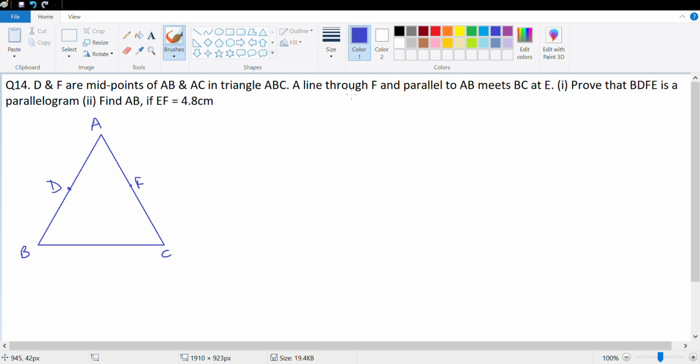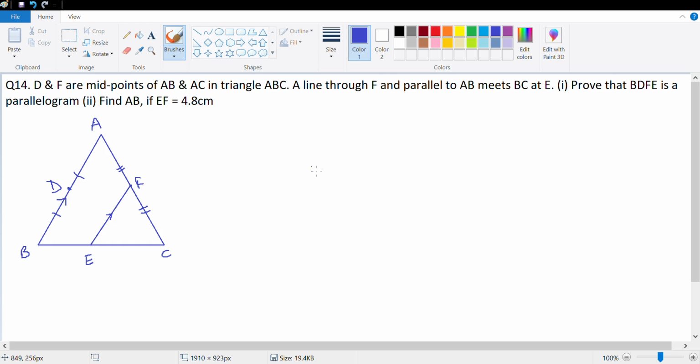A line through F and parallel to AB meets BC at E. Okay, so this is E and this line is given parallel to AB, and this is midpoint. This is also midpoint. Done.